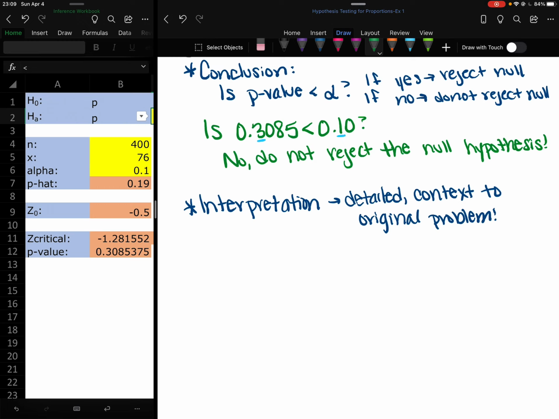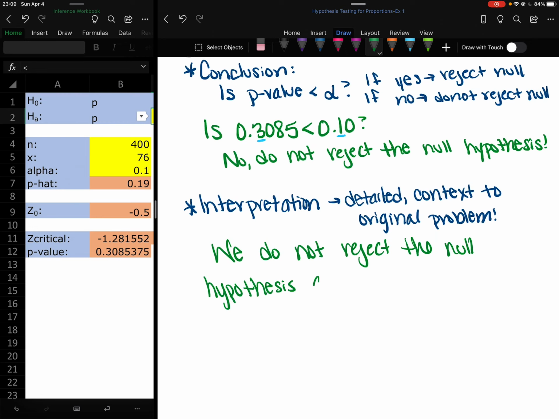So I start all my interpretations by restating what my conclusion was. So we do not reject the null hypothesis and conclude. Okay, so this is what we've done. Now what are we concluding in context of the problem? So what is it that we were looking at?